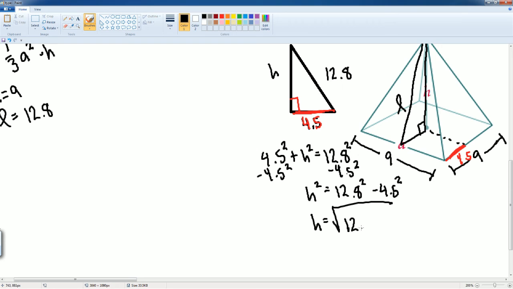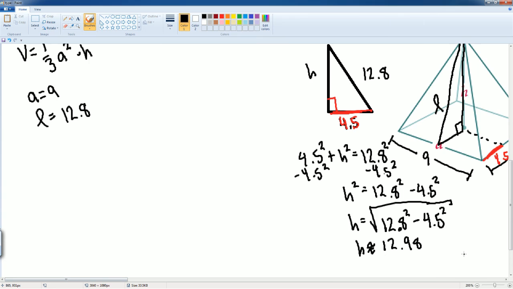So it is 12.8 squared minus 4.5 squared here. Let's plug that into the calculator to see if it comes out neatly. Let's see, can we take the square root of that? 168.59. No, it does not come out pretty. So you plug that into the calculator, it's roughly 12.98. It's close to 13. So we finally got the height.